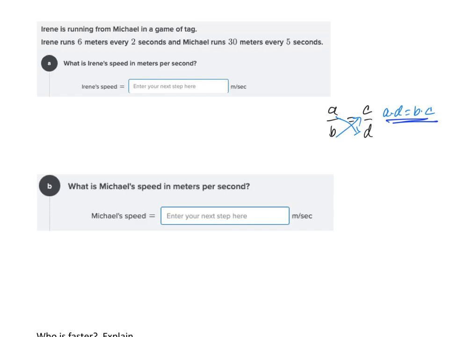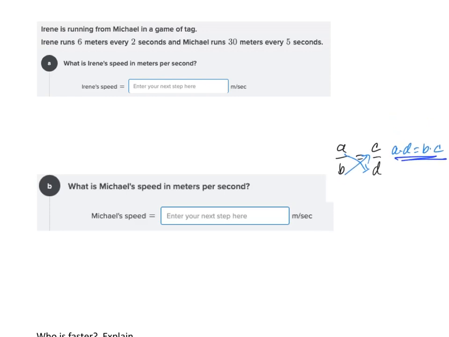We're going to use this relationship with both of these. So it says that Irene is running from Michael in a game of tag. Irene runs 6 meters every 2 seconds. Michael runs 30 meters every 5 seconds. What's Irene's speed in meters per second?